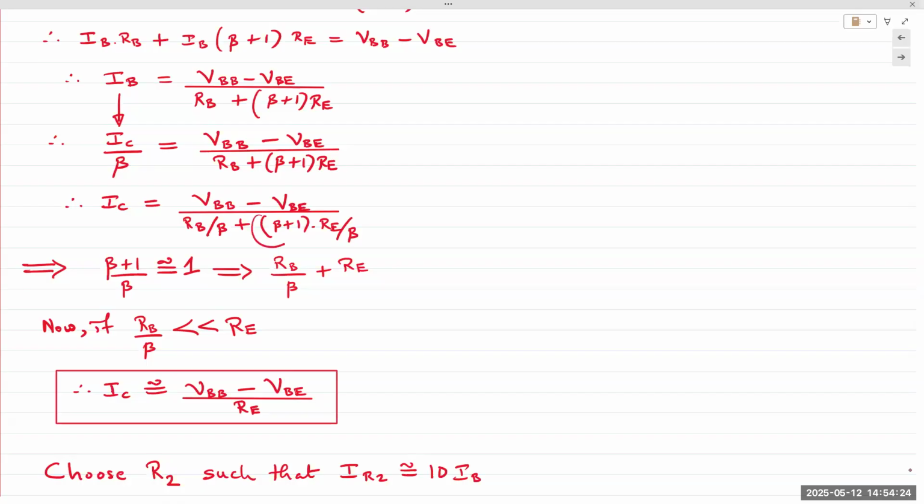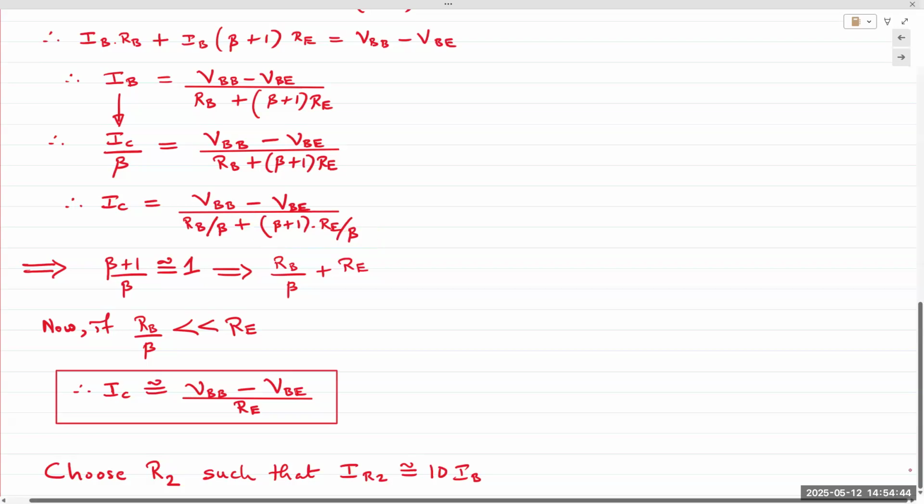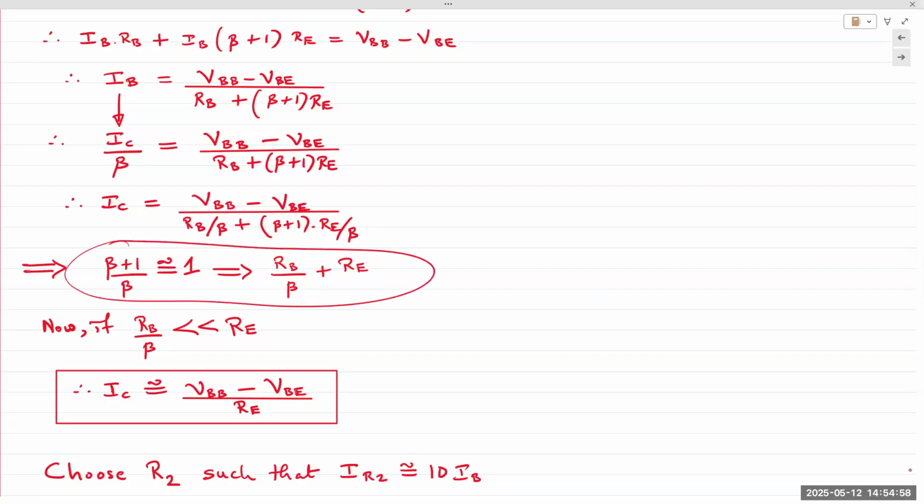So this term right here, beta plus 1 over beta, is essentially equal to 1. We don't even have to make an assumption. It's approximately equal to 1. So the effect of beta is minimized, at least as far as that quantity goes. Okay. No need for any assumptions, no need for any values, nothing like that. Beta plus 1 over beta is approximately equal to 1. It doesn't matter what kind of transistor we are using. Make sense to everyone? Right? And so the denominator simply reduces to RB over beta plus RE.